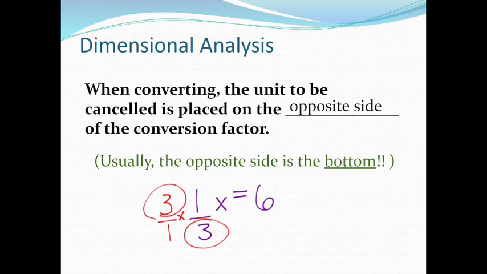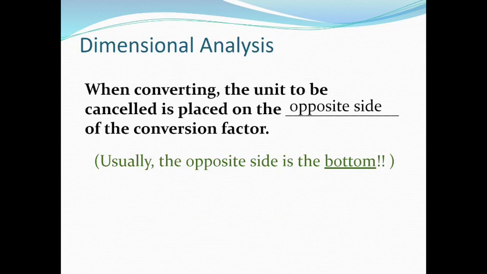So putting that 3 on the top, multiplying by 3, canceled it out and gets rid of that 3. Now, I know I would also have to do the same thing on this side, and we would have to go through a little bit more of a process in order to actually finish solving that equation. But just that first moment when you're asking yourself, how do I cancel this? It's going to get canceled by being put on the opposite side.